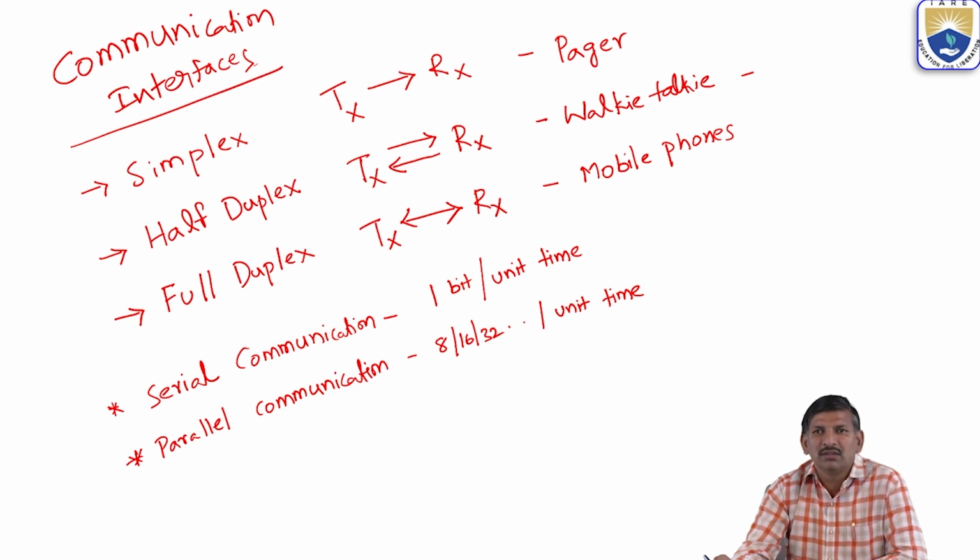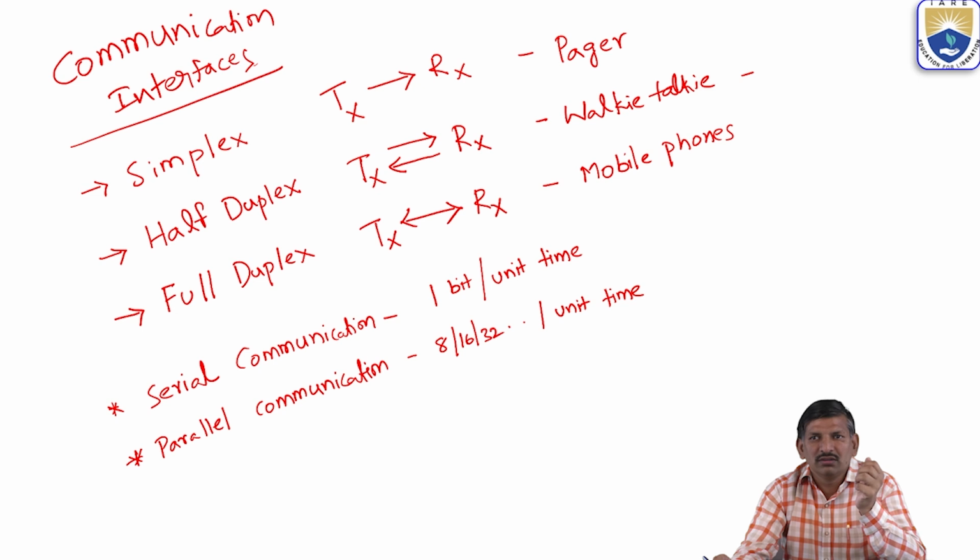In that, only one bit is transmitted in a unit amount of time. The advantage is we require only one wire to share one bit of information. So, low cost communication. But speed is less because at a time we are sending only one bit.